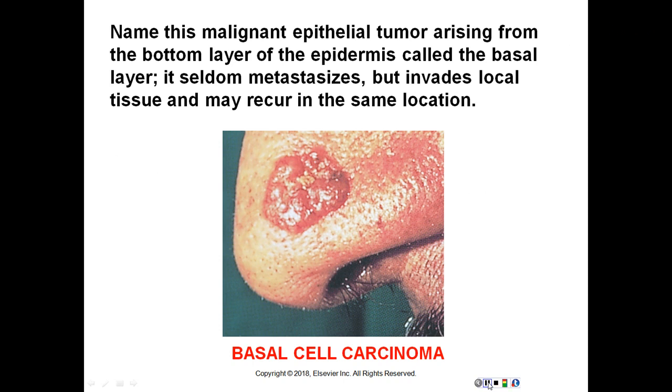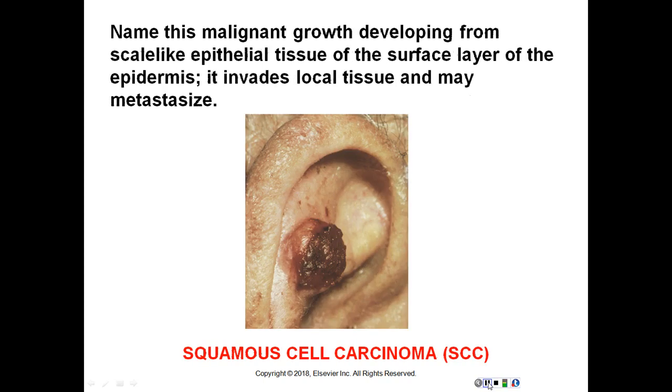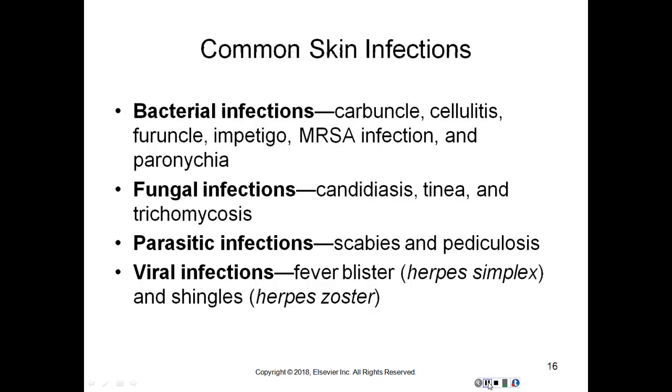And again, that abbreviation is BCC. And then this malignant growth developing from scale-like epithelial tissue of the surface layer of the epidermis. It invades local tissue and may metastasize or spread, and that is a squamous cell carcinoma or SCC.